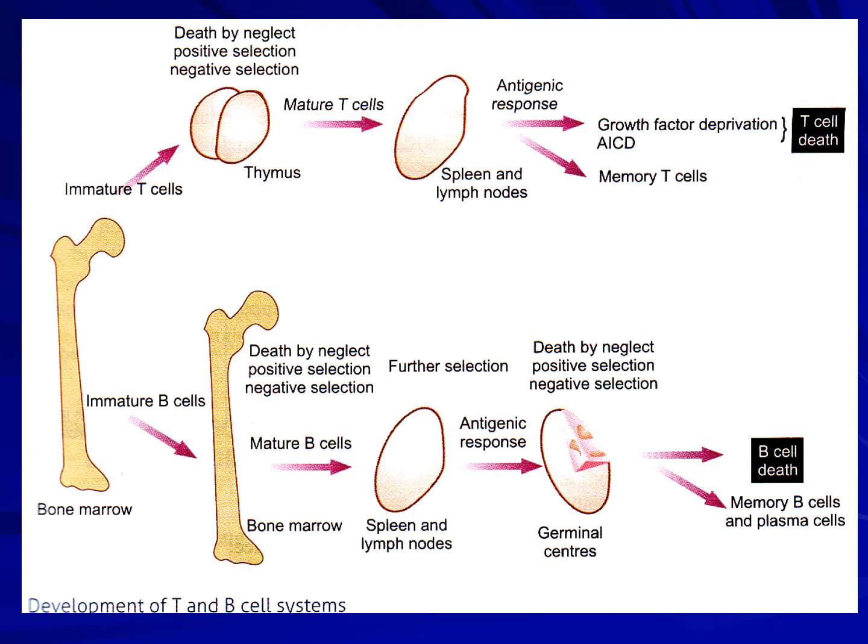This is how the process of B cells and their further production of antibodies takes place in the body.